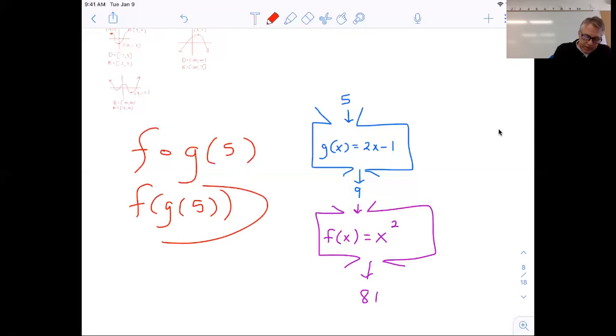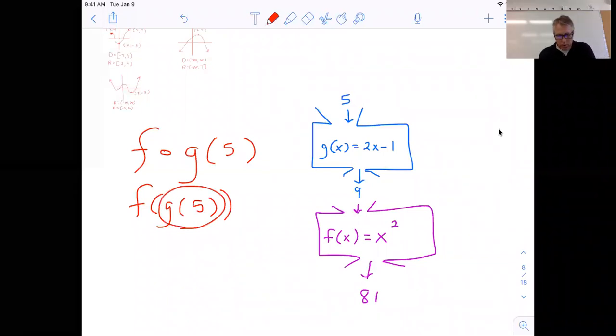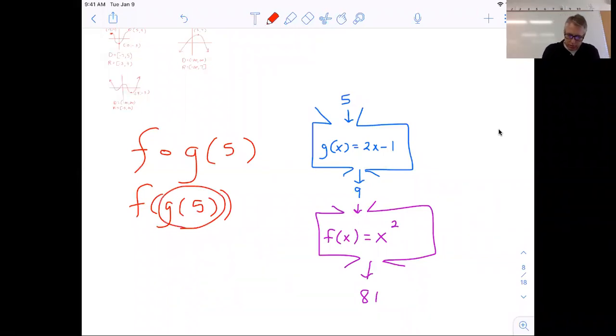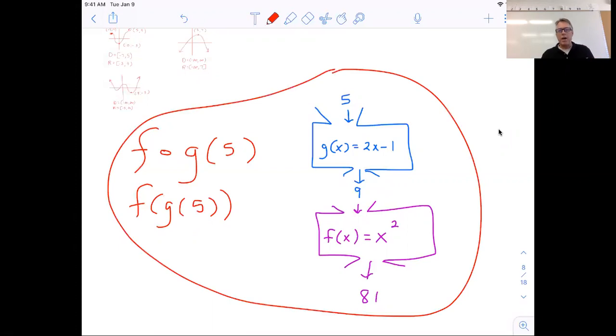This means the exact same thing. This is just more of an order of operations, like you do the parentheses first. So you do g of 5 first, and g of 5 came out to be this, because that means you plug 5 into g, and then you plug that into f. Okay, so all of these things are really showing the same idea called a composite function.